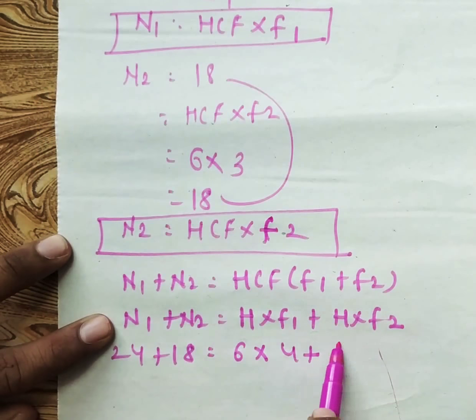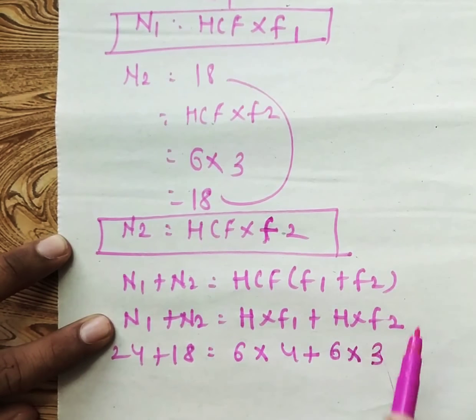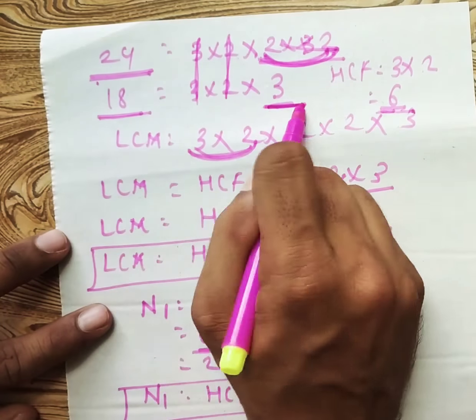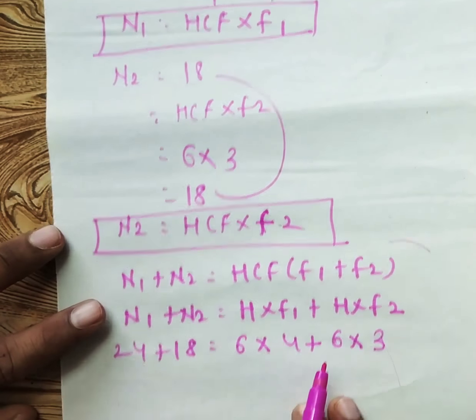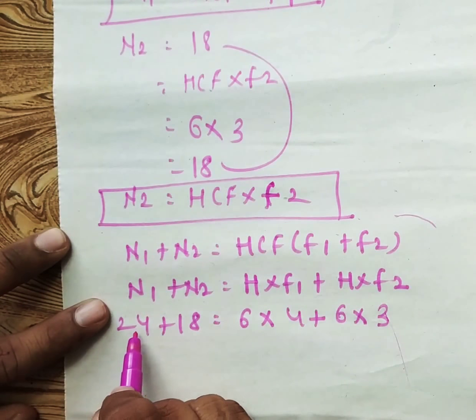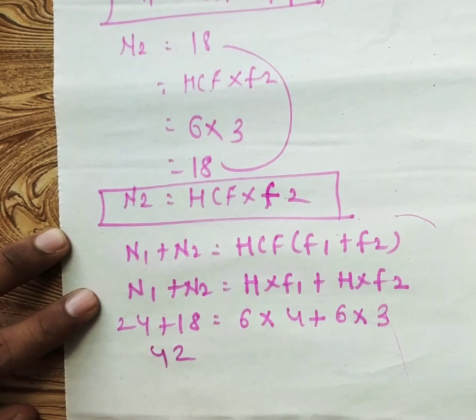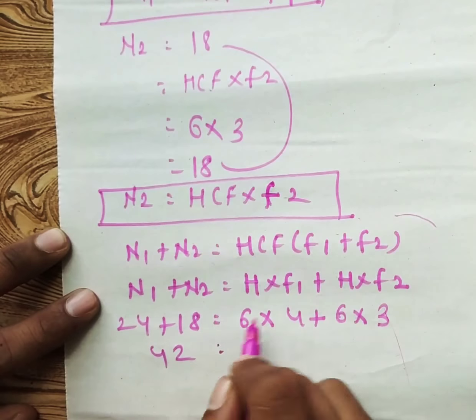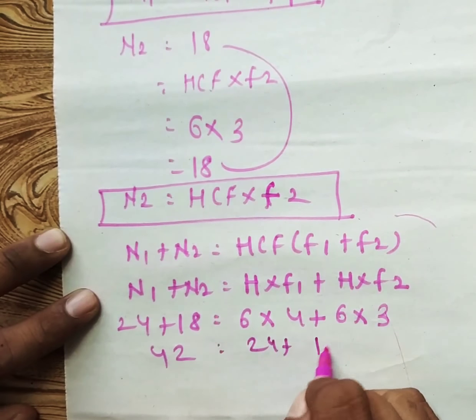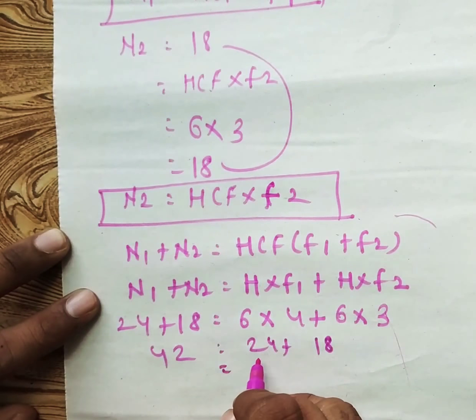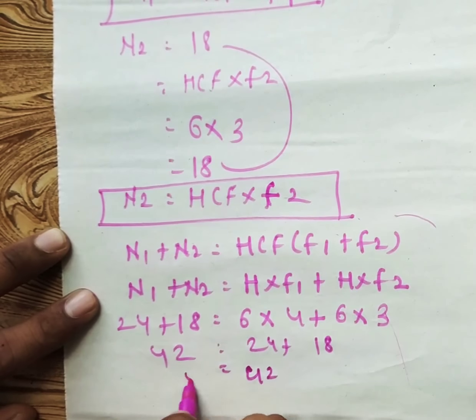So I can write it down as 6 into 4, plus HCF 6 into factor 2, which was 3. Let's see, 24 and 18: 24 plus 18 is 42, and here similarly 6 4s are 24 plus 6 3s are 18, again 24 plus 18 is 42.